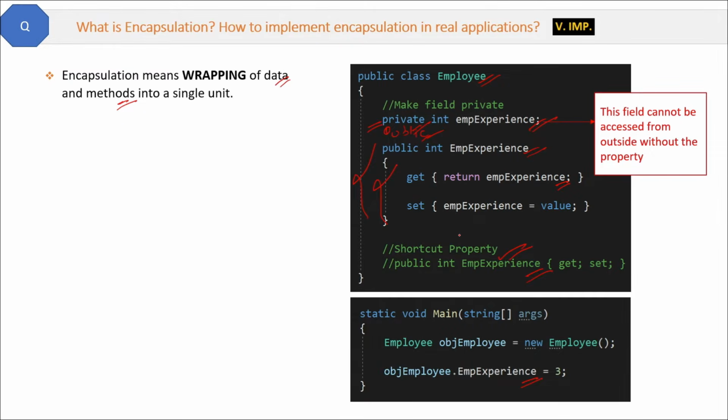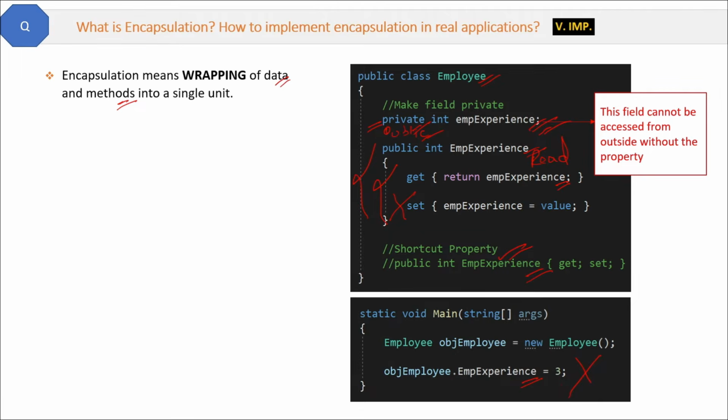For example, suppose you do not want anyone to change or set the experience. You want employee experience to be read-only data. Now through the property, just remove this set statement from here, and then no other developer can set this data because it will be read only. That way you can secure your data with properties, but that is not possible with fields, right?